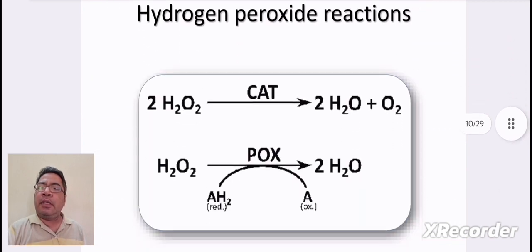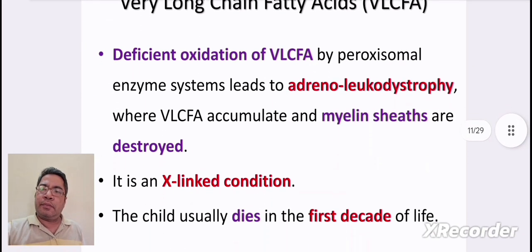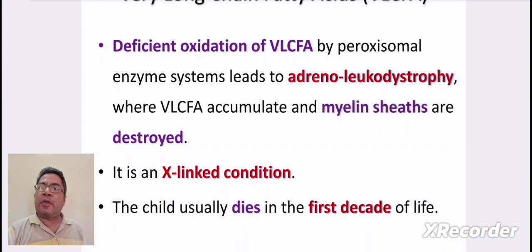In this diagram, we can see H2O2 converts into 2H2O in the presence of enzyme peroxidase, and remaining hydrogen peroxide is converted to 2H2O by the enzyme catalase. Defective oxidation of VLCFA by peroxisomal enzymes leads to adrenoleukodystrophy, where VLCFA accumulates and myelin sheaths are destroyed.